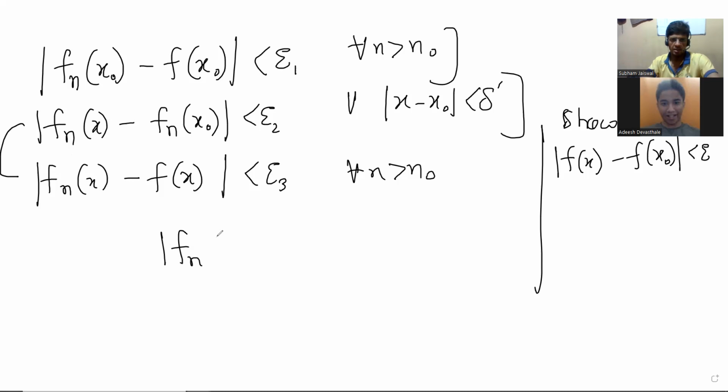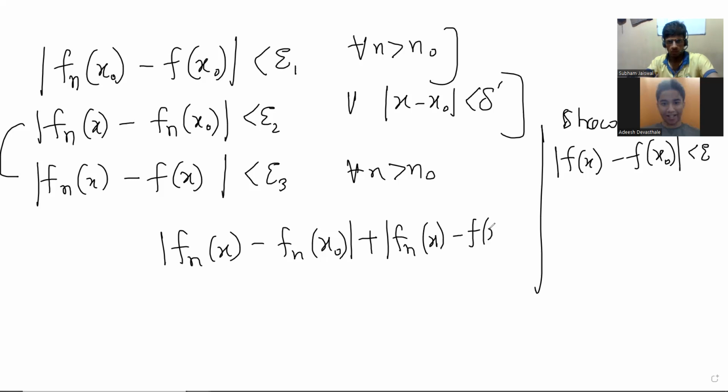Let's add it and see it in front. But my concern last time, before the video got over, was that in the third inequality we have for all n greater than n naught, and in the second inequality we have a band. So how do we deal with that?